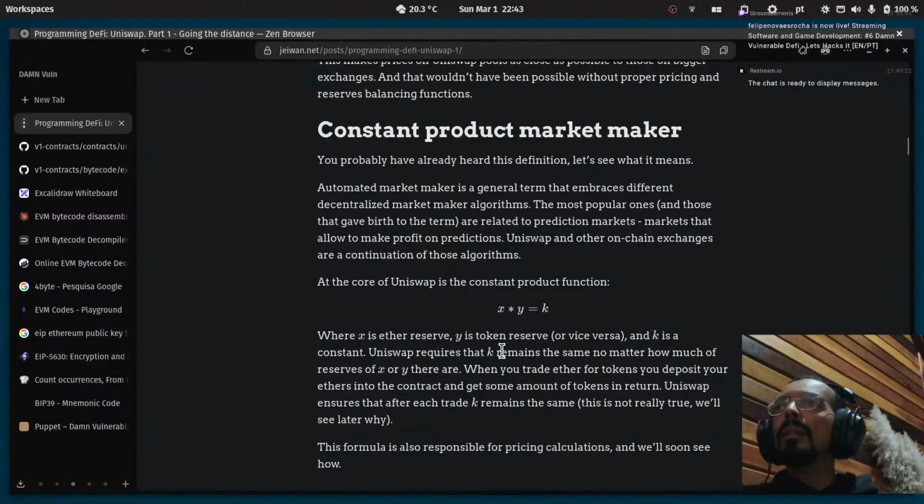Uniswap requires that K remains the same no matter how much reserve there is. When you trade ether for tokens, you deposit your ethers into the contract and get some amount of tokens in return. Uniswap ensures that after each trade, K remains the same. This is not really true. We will see later why.